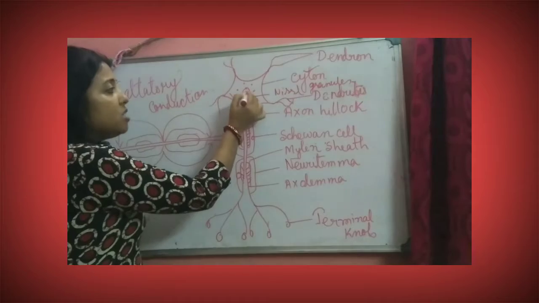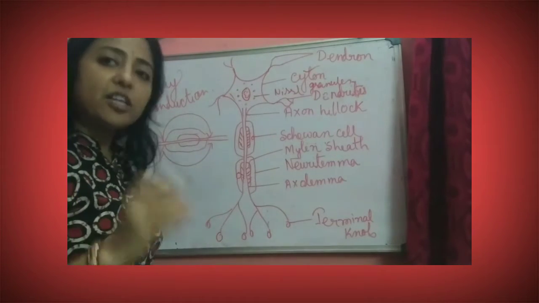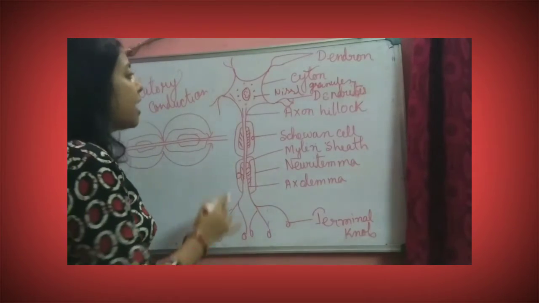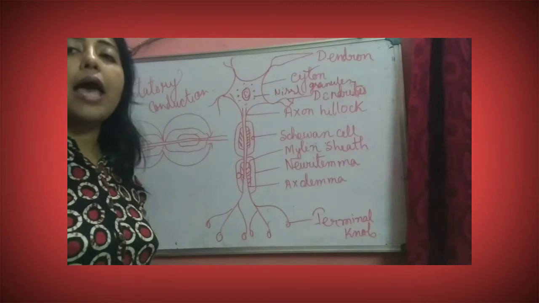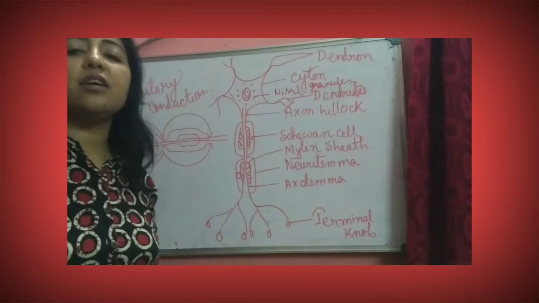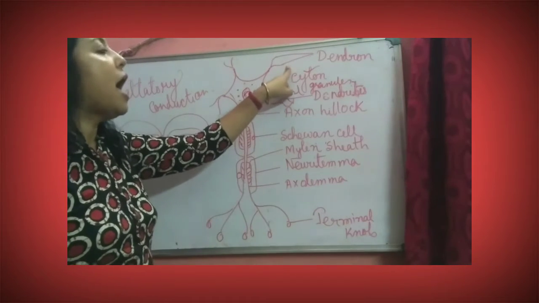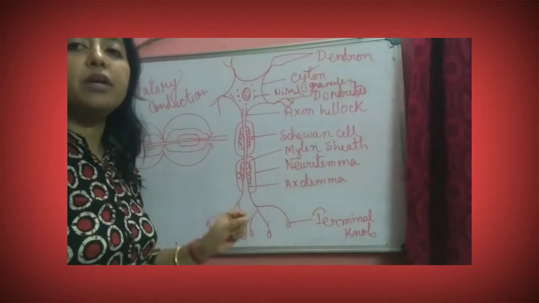And other organelles are also present, nucleus is also present, but centrosome is absent. Mitochondria are present, other organelles are present except centrosome. Another one, here some small branches are present. These are known as dendrites, which is collectively known as dendron. These are short processes and will not be covered with any kind of membrane.